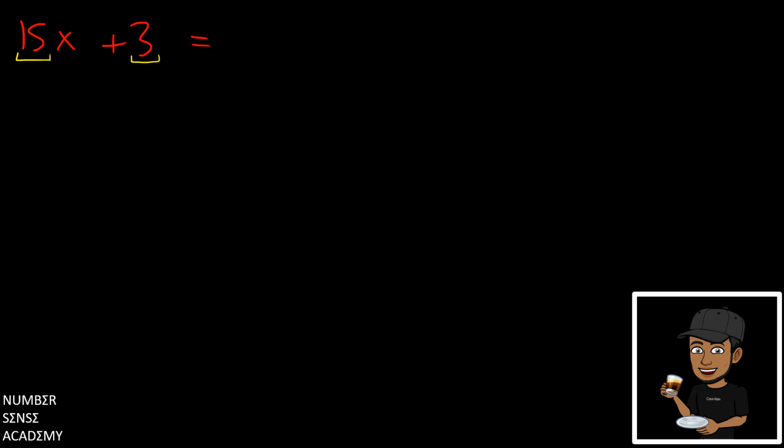Just a quick tip, if you want to know if 3 is common, take the digits of a number and add them together. If that result is divisible by 3, then the number is divisible by 3. For example, for 15, I have 1 plus 5, that's equal to 6. Well, I know 6 divided by 3 is 2, so that works. Therefore 15 can be divided by 3.